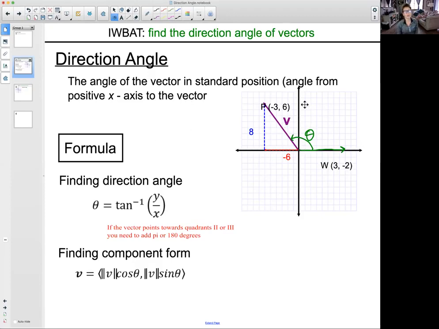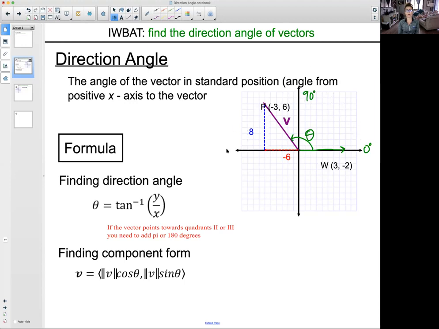So a few things when you're doing this, you can have an answer in your head. You can have an idea of what you think the angle is going to be, because if it's in the first quadrant, you know that these angles are between 0 degrees and 90 degrees. We're mainly going to be focusing on degrees, not radians here. So first quadrant, if it's pointing here, you know your answer is between 0 and 90.